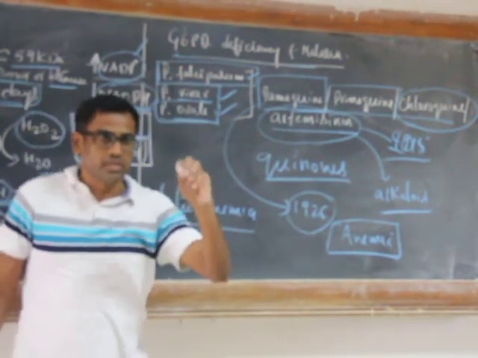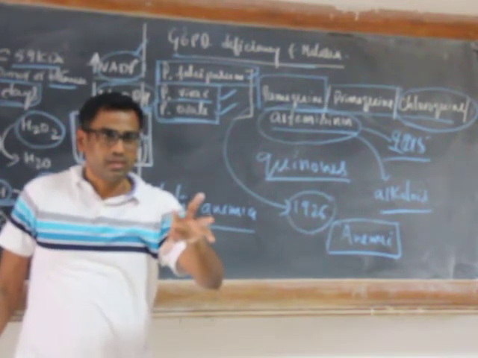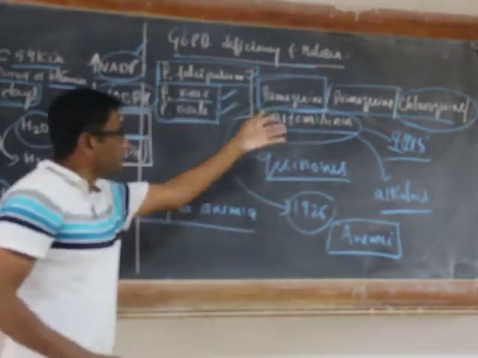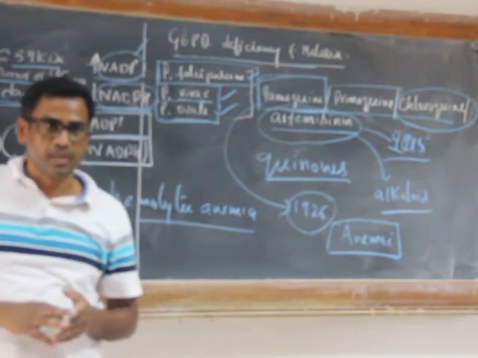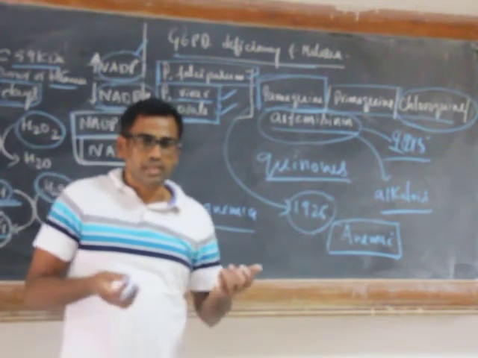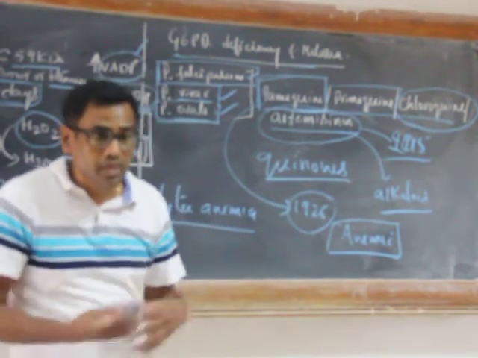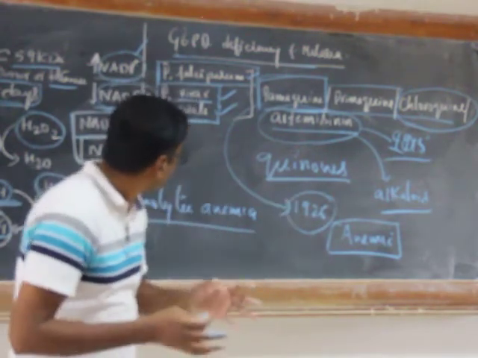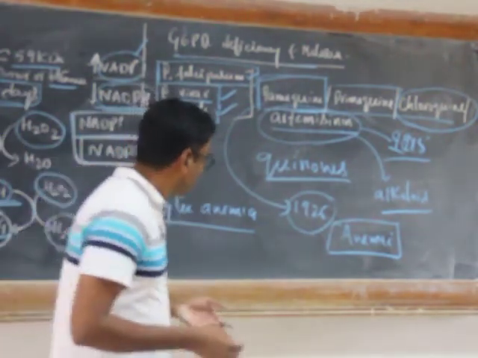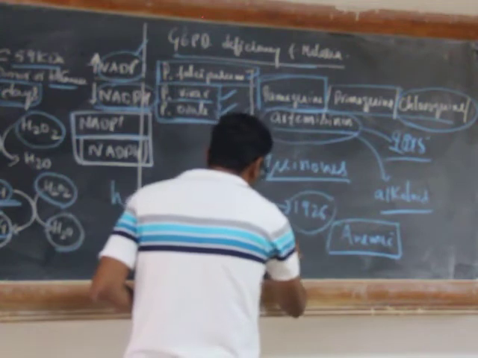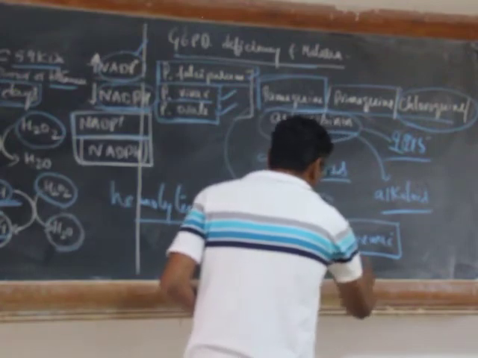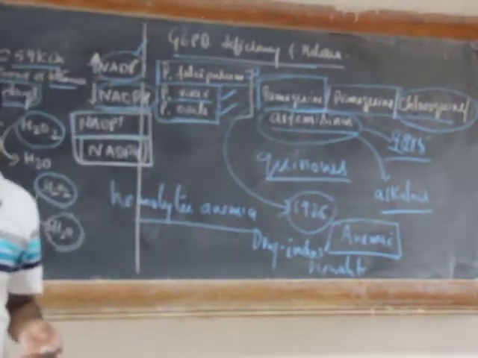So upon that deficiency, if you provide primaquine, these quinones generate a lot of reactive oxygen species that accumulate, like peroxides, which enhances oxidative stress. That severely affects the RBC's lifespan. So that leads to drug-induced hemolytic anemia.